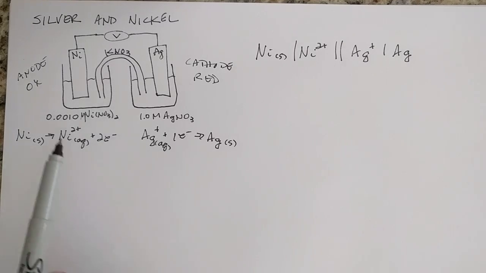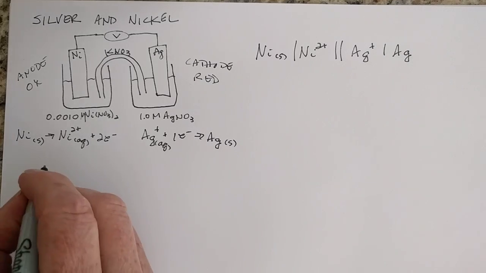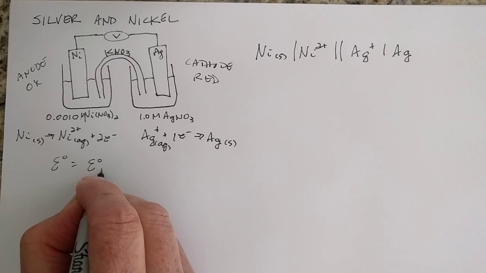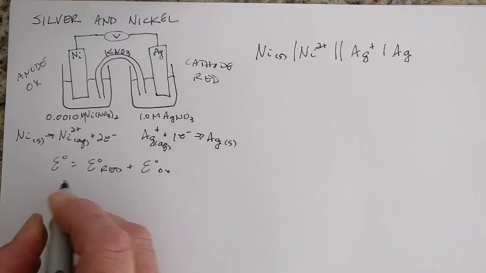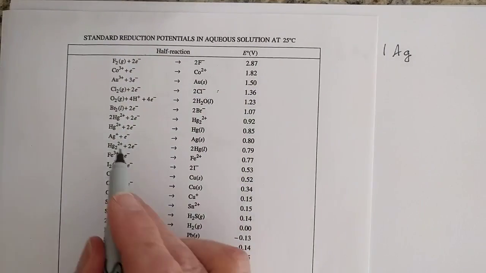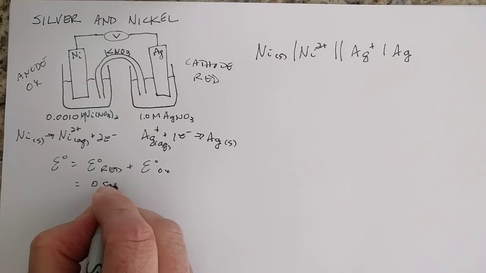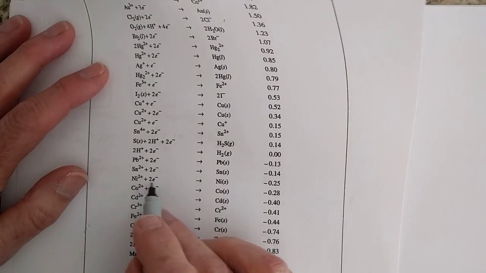All right, let's get back to our equation here. So now we can figure out the E0 for our cell. The E0 equals the E0 of the reduction plus the E0 of the oxidation. So the E0 of the reduction from our chart, silver, is 0.80 volts. And then the oxidation, we find nickel right here.